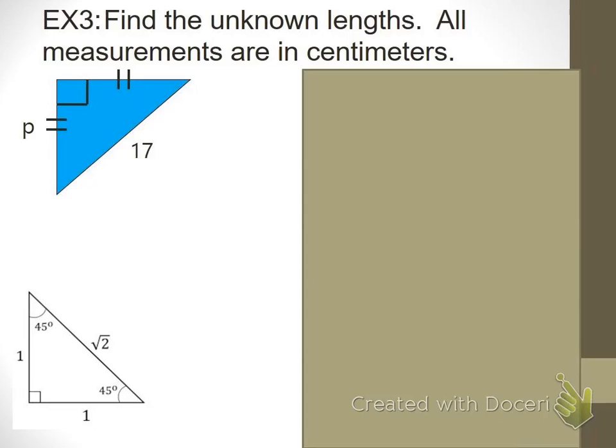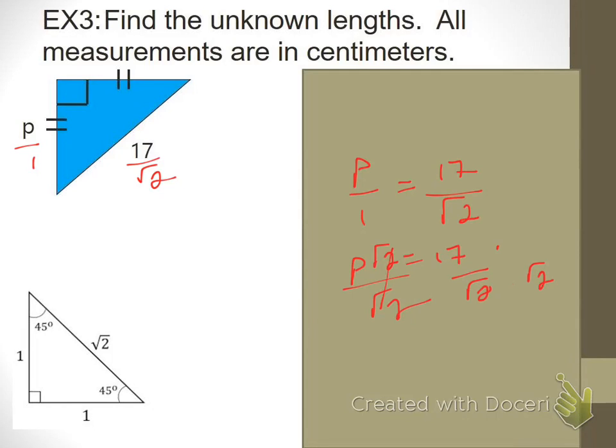Okay, so the leg is over 1, the hypotenuse is over radical 2. Set those equal to each other. Cross multiply, so we get p square root of 2 equals 17. And then when you divide by square root of 2, be careful here. You can't leave that radical in the denominator, so you've got to rationalize it.